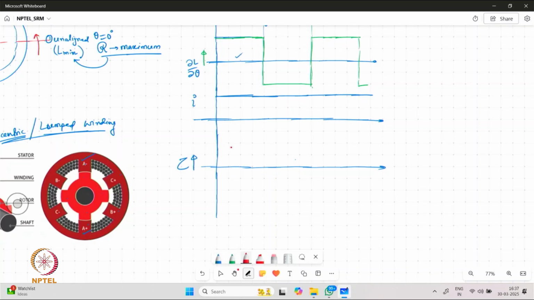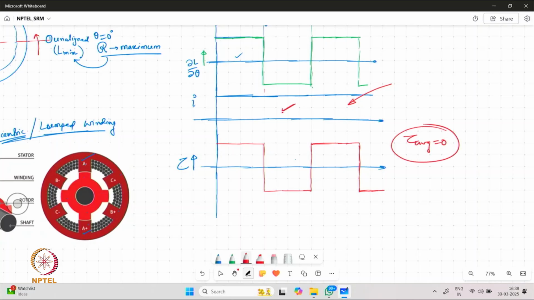So we are going to have torque which will be positive for the first 90 degree and then negative for the next 90 degree and then positive for the next 90 degree and so on. Which means that if we are trying to create a uniform torque, a positive average value of torque, it cannot be achieved with a uniform current for all mechanical positions.